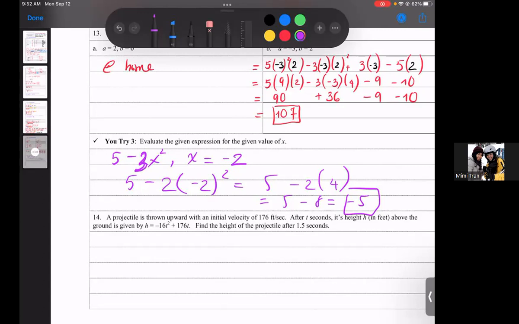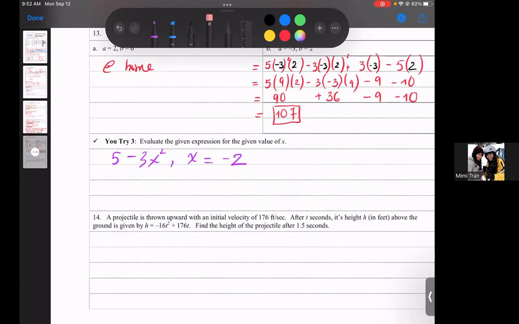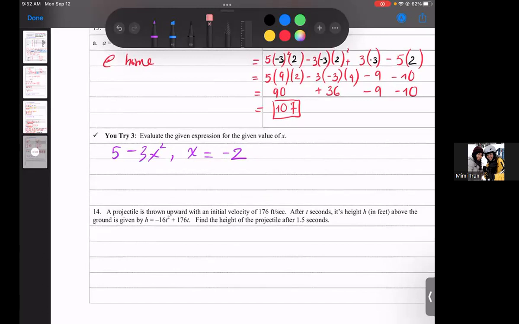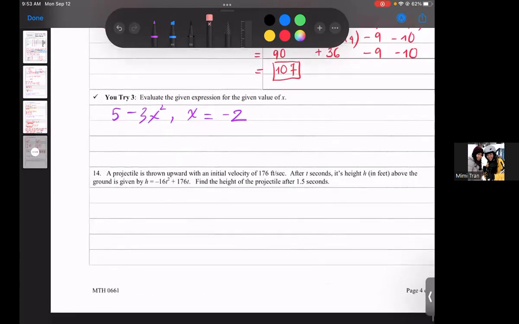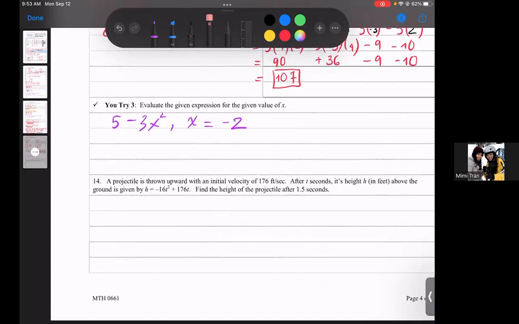Everybody gets 1 point for this you try. It was supposed to be 3, but I put down 2. It's my fault. But don't worry, it's fine. Make sure you put your answer in.